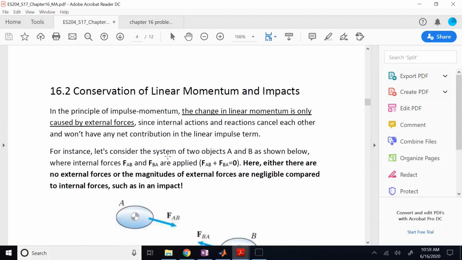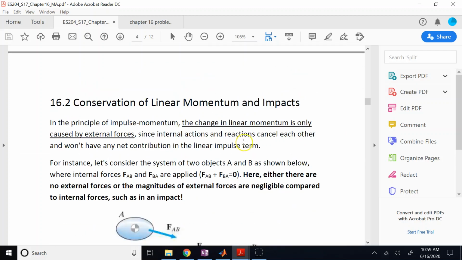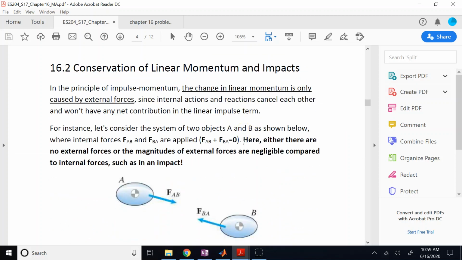Now, this one I could easily also solve with second law of Newton, so it's not a big deal. What really matters and the real application of this method is when an impact is happening. And that's where the next topic comes into play, conservation of linear momentum and impacts.